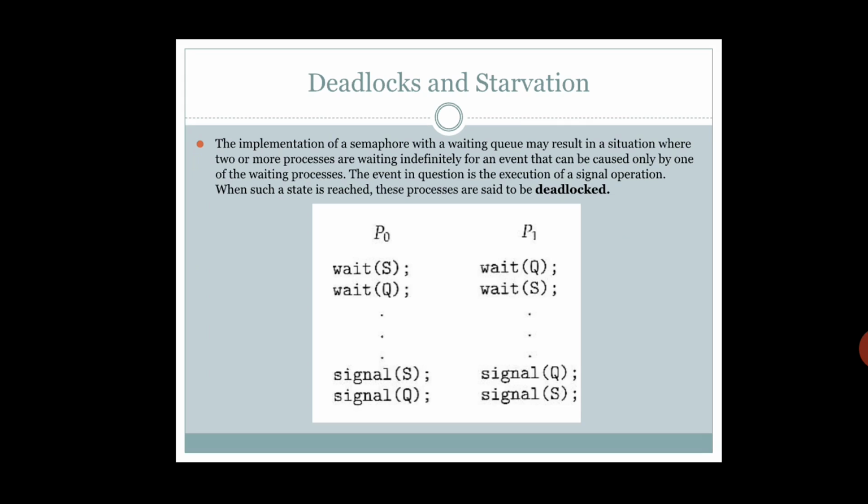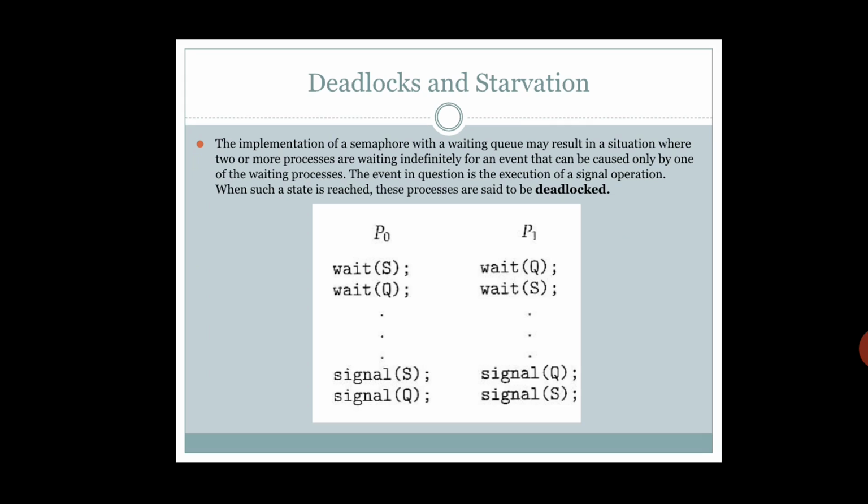We say deadlocked if, because of one process or another, a process is waiting for execution and is not getting the actual path or platform because of other processes. Then it is called deadlocked.